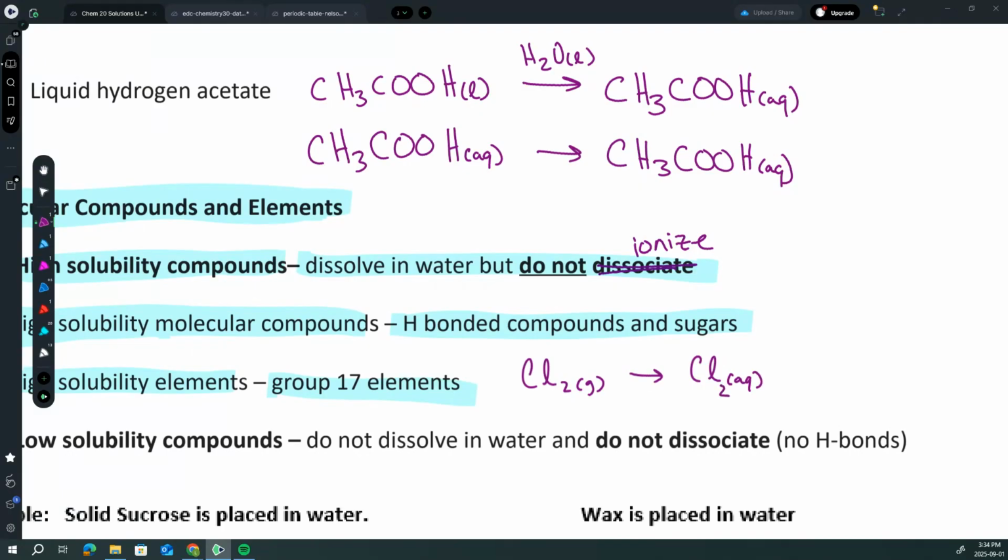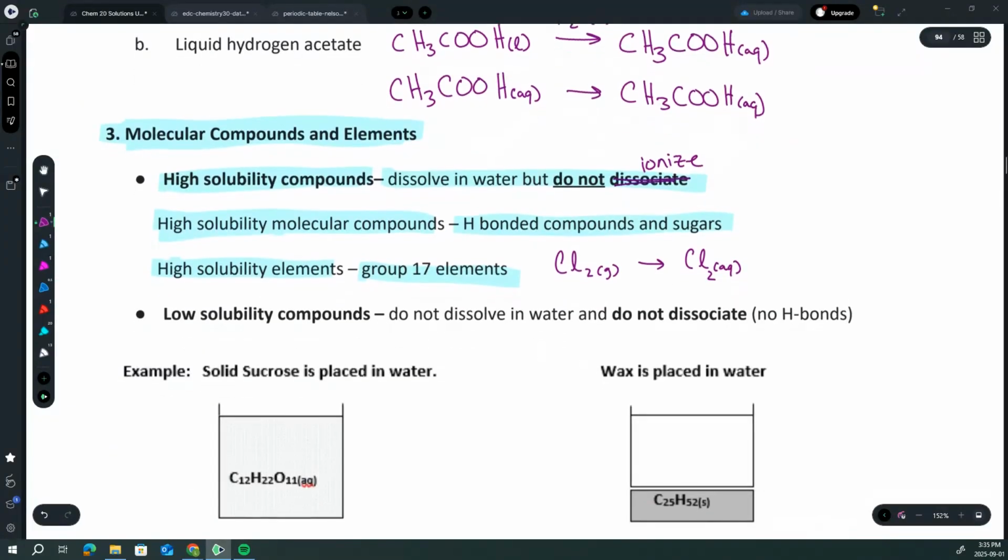So it becomes aqueous, however, it's not going to ionize. Okay. So the only molecular compounds that ionize are going to be your strong acids. There's no other molecular compound that ionizes.